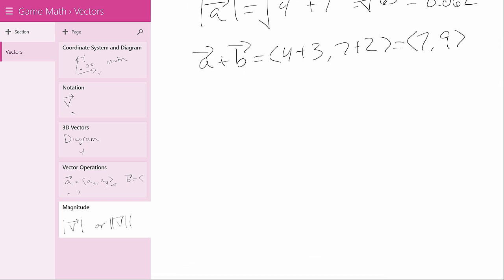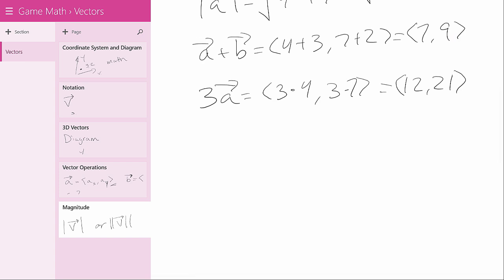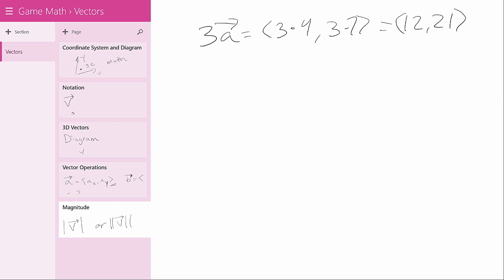Some scalar value 3 times some vector a is equal to 3 times 4, 3 times 7. That is equal to 12, 21. So as you see, that's just some basic examples of the math going on here.